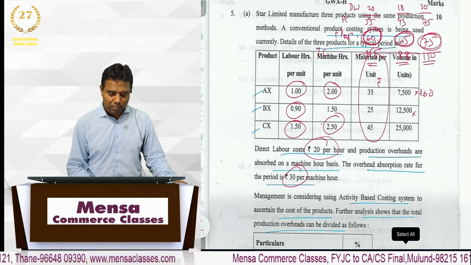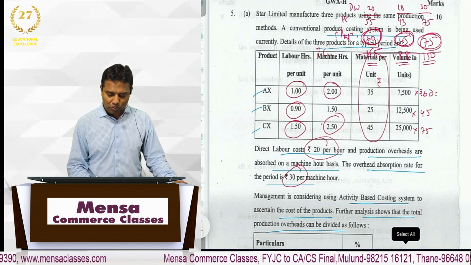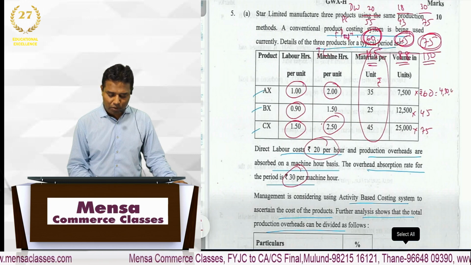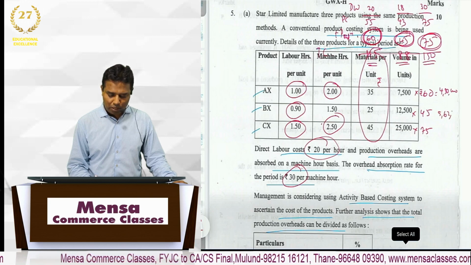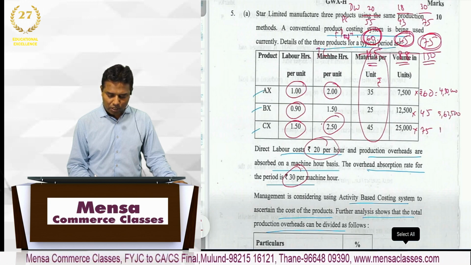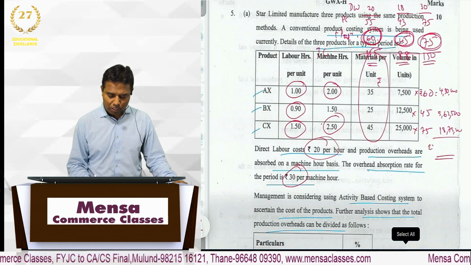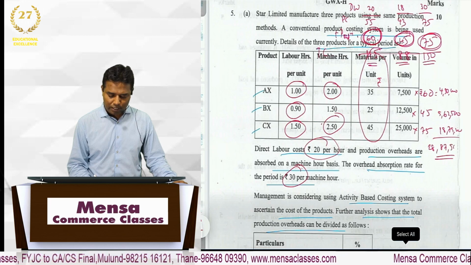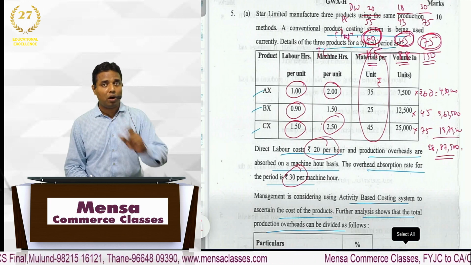So this will come to 4,50,000, this will come to 5,62,500 and this will come to 18,75,000. So total production overheads will come to 28,87,500. This is the total production overheads which we have got.